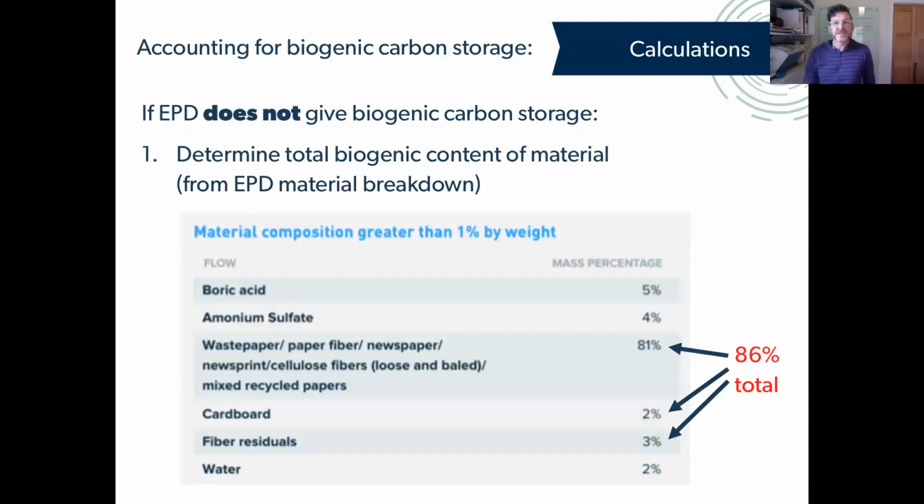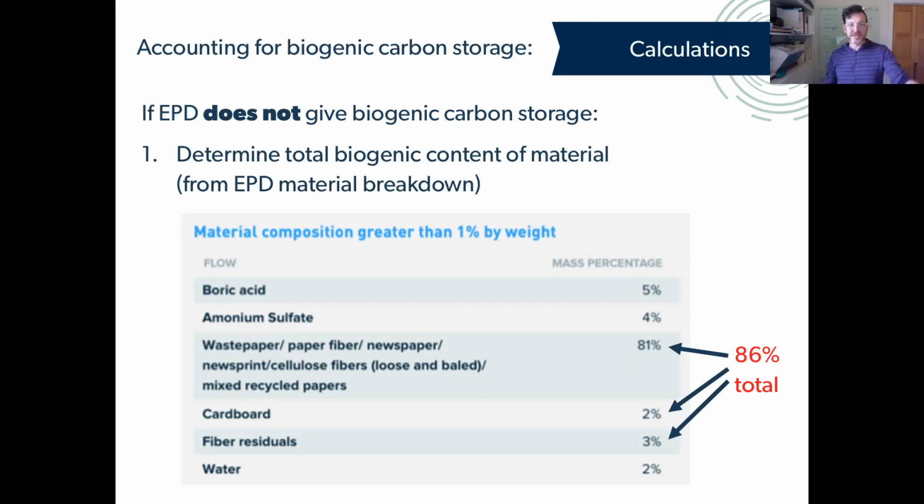A lot of EPDs don't give you that biogenic carbon piece. You sort of have to calculate it yourself. So here I've taken a snapshot from a cellulose insulation EPD. And the one thing that EPDs always do give you is a composition of the material.